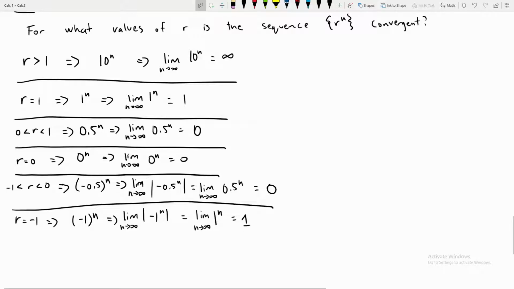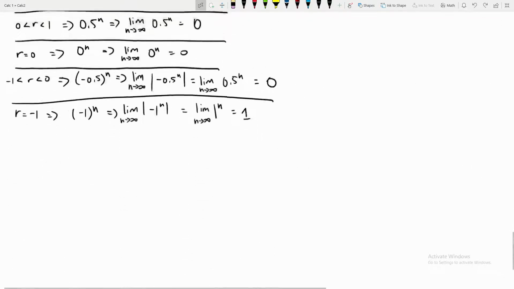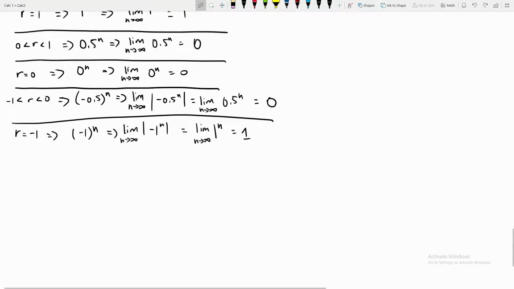If we go back to that little trick, it only works if the limit is equal to 0. If the limit of the absolute value of a_n is equal to 0, only then can we conclude this. But in this case, it's not equal to 0, meaning that this is actually going to be divergent. So the sequence for r equals -1 will be divergent.